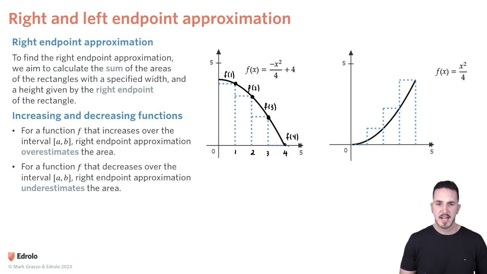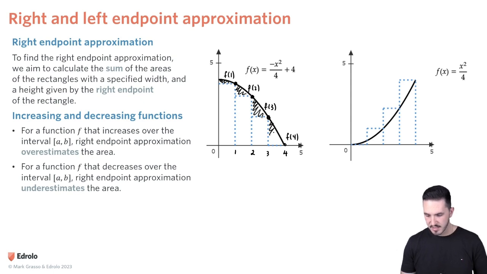If we look at increasing and decreasing functions, in the first example, negative x squared on 4 plus 4, we'll notice that the function decreases. As x gets bigger, that's a decreasing function. For a function that decreases, we can see our approximation, the rectangles, would actually underestimate the area. The reason is that we have these little gaps that it doesn't count.